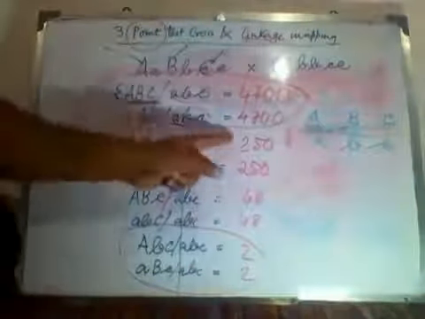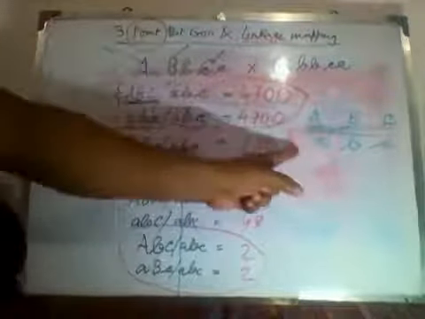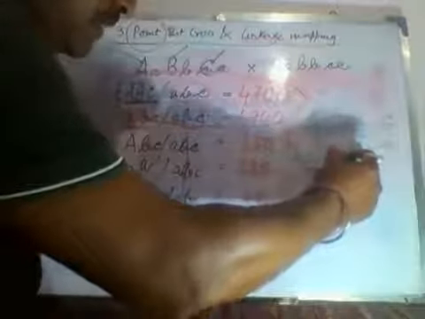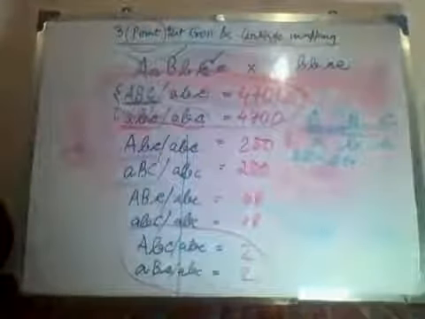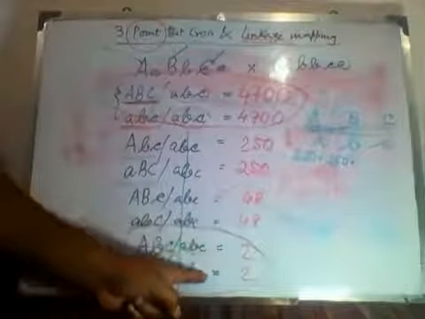So what is the recombination frequency between A and B? We can calculate it easily. 250, I have got capital A, small b, small c, and 250 I have got small a, capital B, capital C. Plus, you'll have to add something more, this one. Because remember, these two are the double crossing over types.